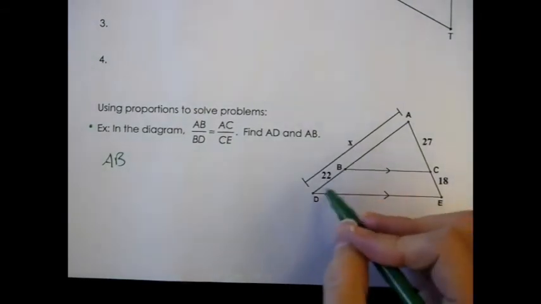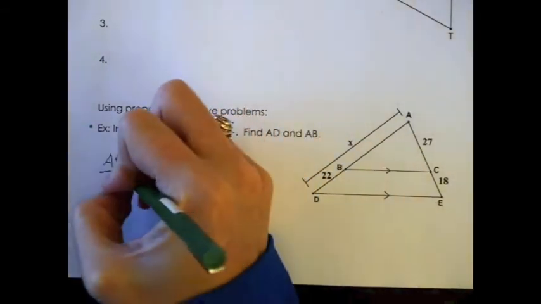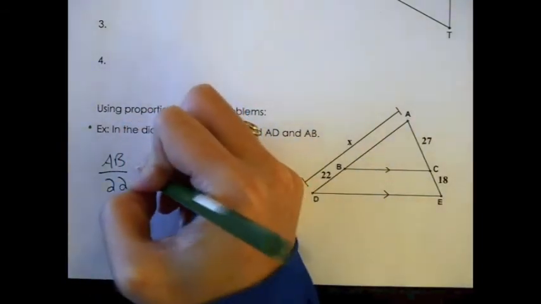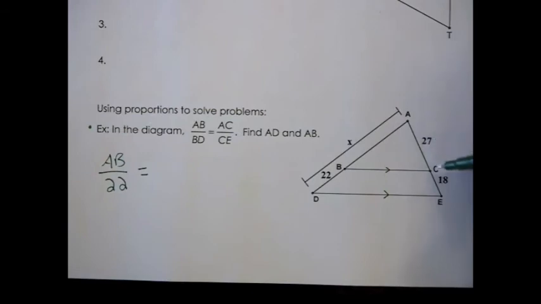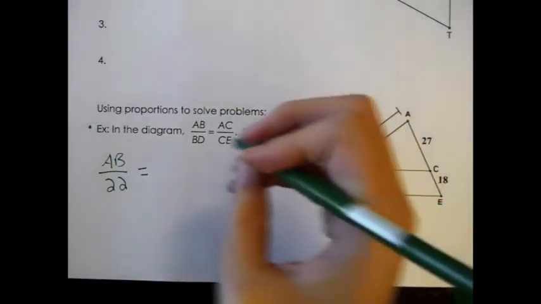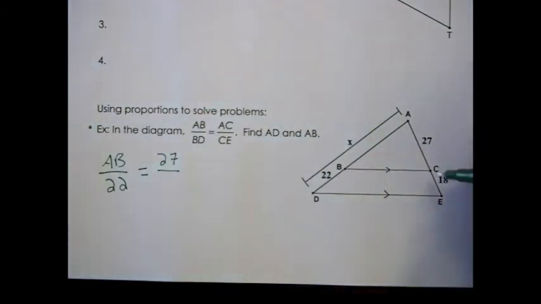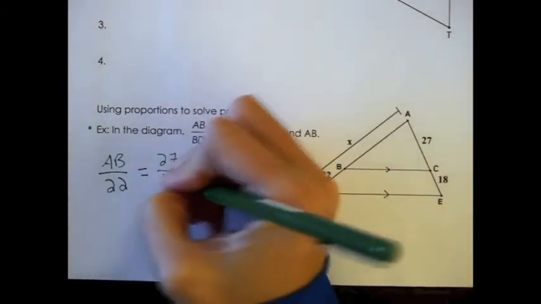Well, BD is equal to 22, so instead of BD, I will put 22. AC is equal to 27, so instead of AC, we will put 27. And CE is equal to 18, so instead of CE, we will put 18.